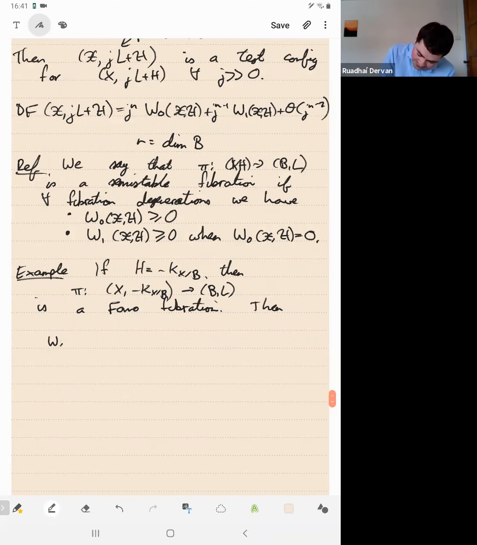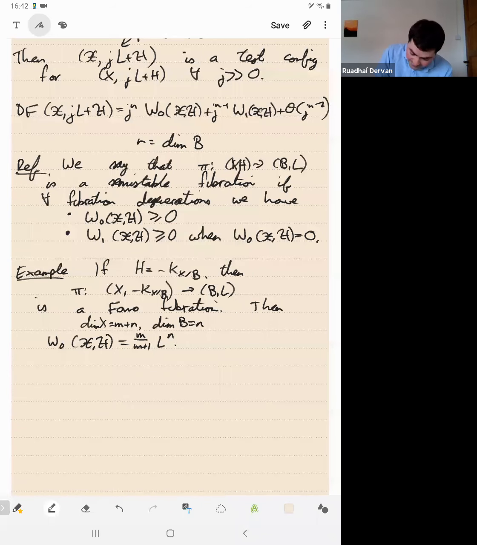Very explicitly, what you get is that W0 of XH, this is really just an expansion in terms of the intersection theoretic definition of the Donaldson-Futaki invariants, is equal to m over m plus 1. So I'll recall here that the dimension of X is equal to m plus n. The dimension of B is equal to n. So m is the fiber dimension.